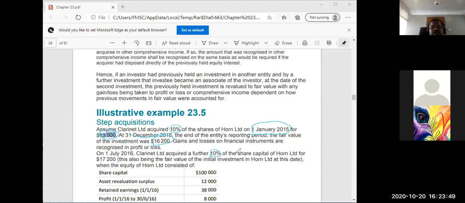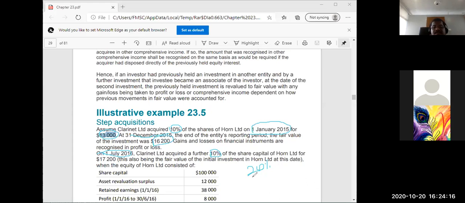Now we assume that C will get the significant influence from this date onwards. So 20% is the equity. Now investment in equity is 20%, but this was taken step by step.